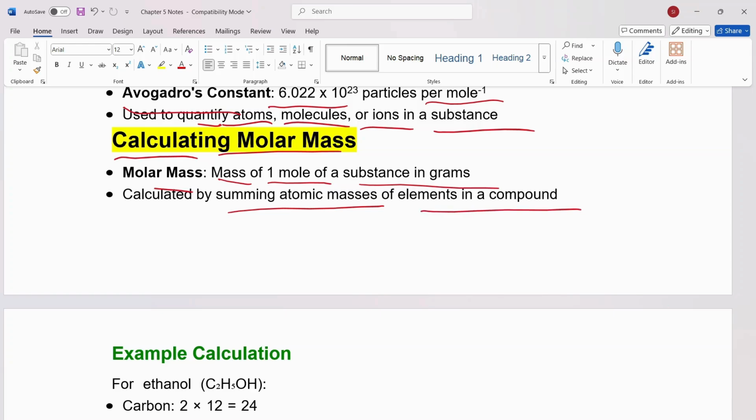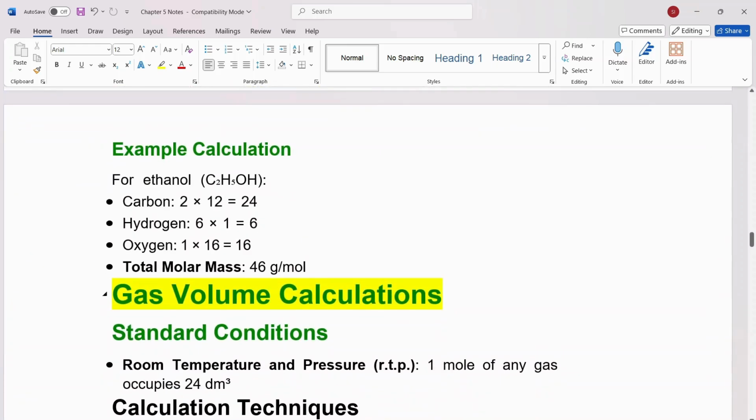in a compound. Now we have one calculation, for example, for ethanol, where the formula is C2H5OH. If I want to calculate the molar mass, I will go one by one to each of the atoms inside ethanol. So carbon, I can see 2 and the atomic mass is 12. So you will multiply this number of atoms with the atomic mass and you will get carbon 24.